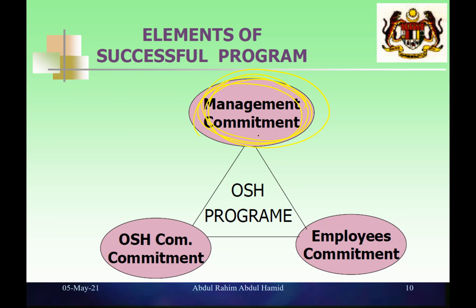And then how do we expect the contractor to do all these things when they are not being paid? Because the bill of quantity is not being developed. We do develop a bill of quantity for all the construction activities, but when it comes to safety and health, they are missed out.